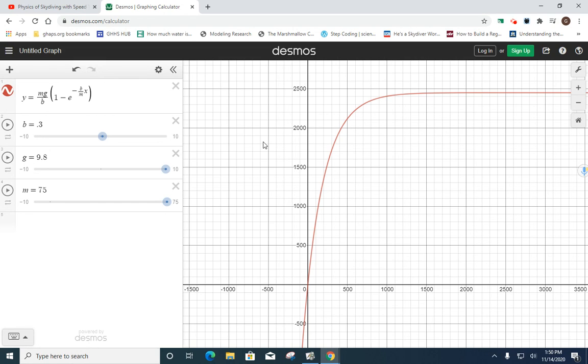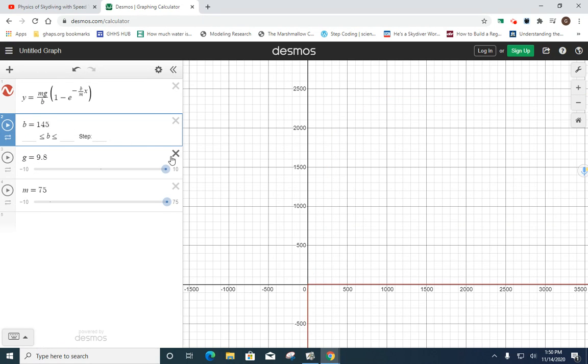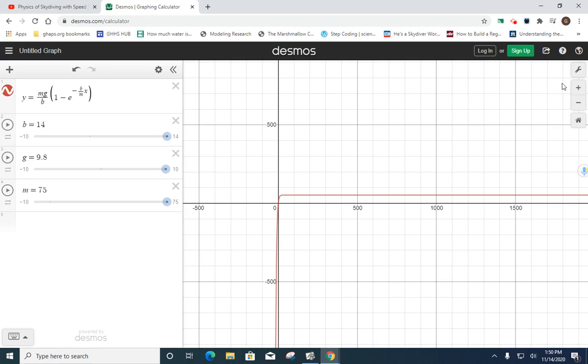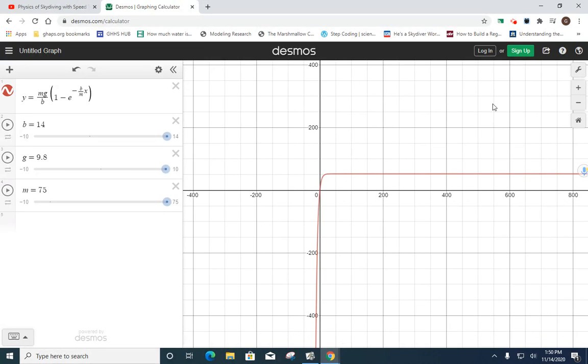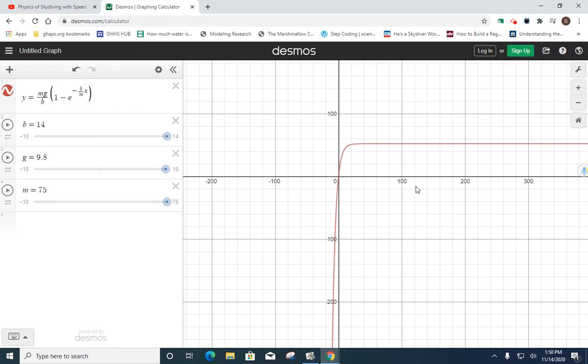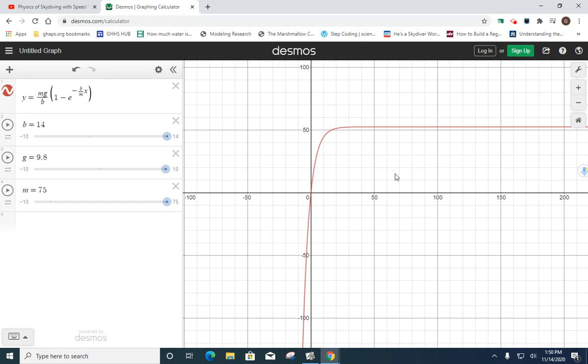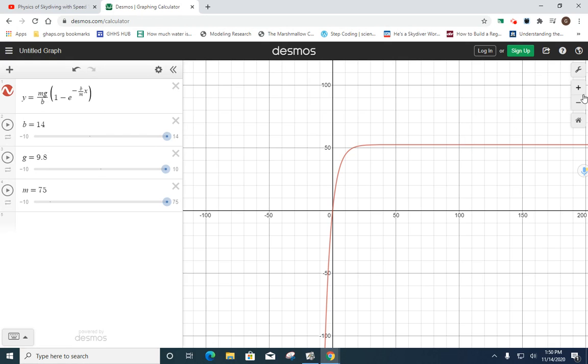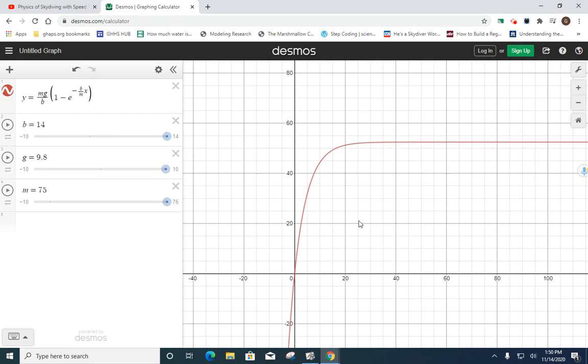So that's certainly not the case. I could try to put in a much higher drag coefficient. Let's put this down to maybe 14 or something and see what that looks like. But we're definitely outside of the speed range in which the drag force would be proportional to the velocity. So I think this is just not a good model for it.